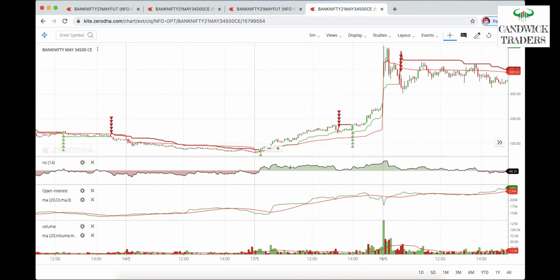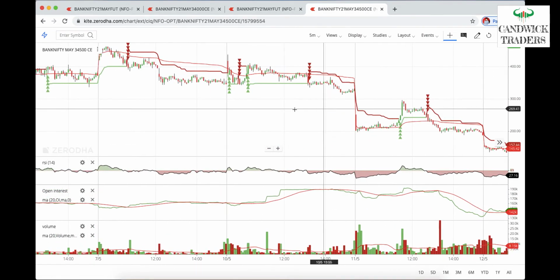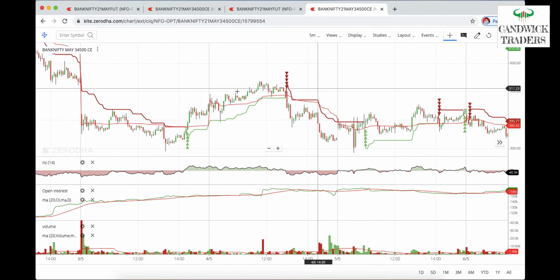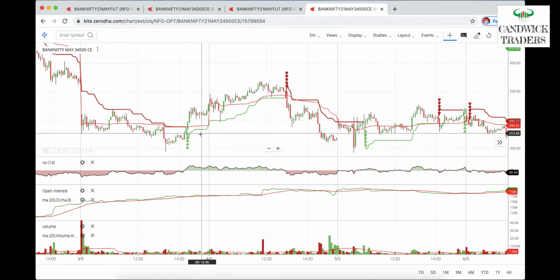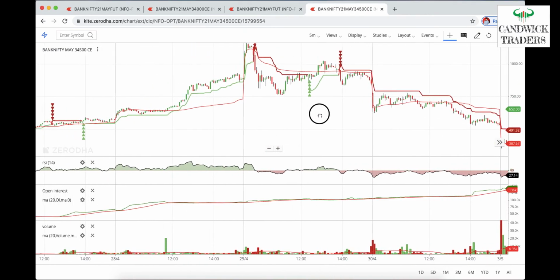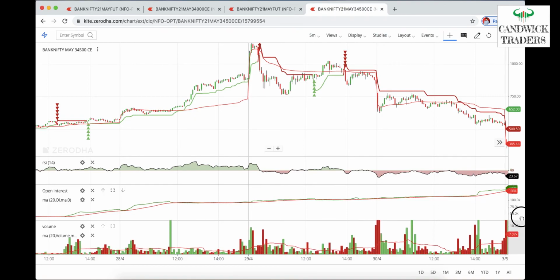Okay, and where do we get another signal? Here also no volume. So each and every signal is very, very important here. If you don't get even one signal, don't trade on that day, or don't take the trade.